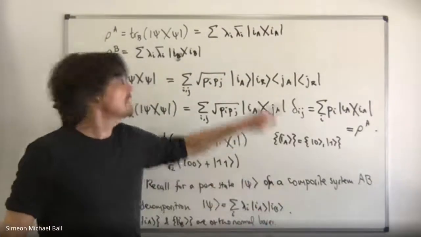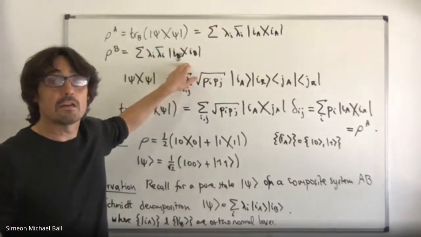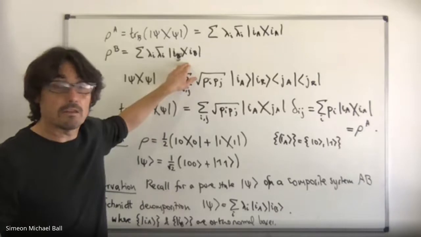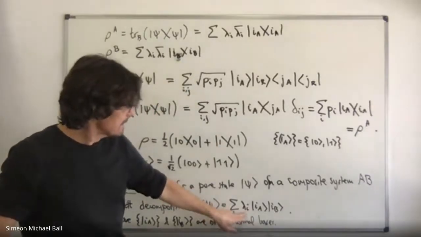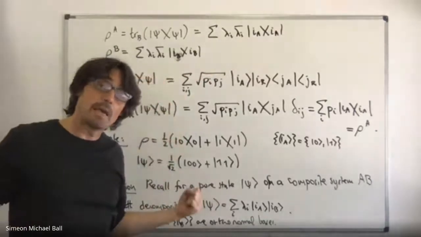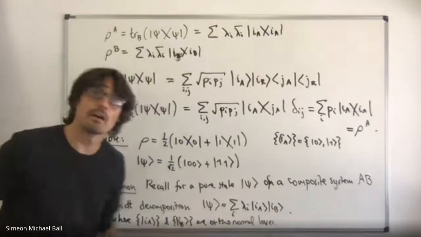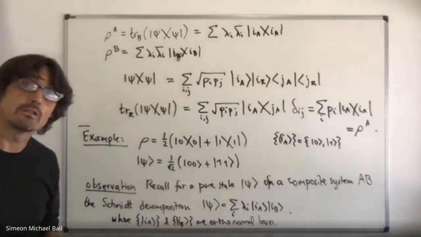So therefore, this one does not depend on the orthonormal basis of the A system either, which implies that these lambda_i conjugates do not depend on which orthonormal basis you use for the Schmidt decomposition.